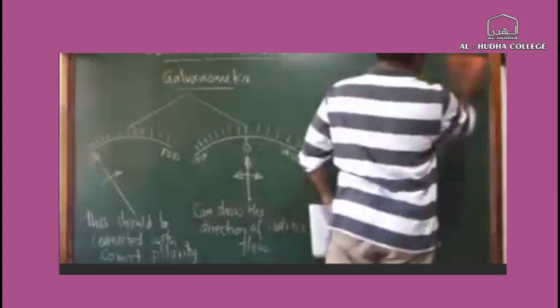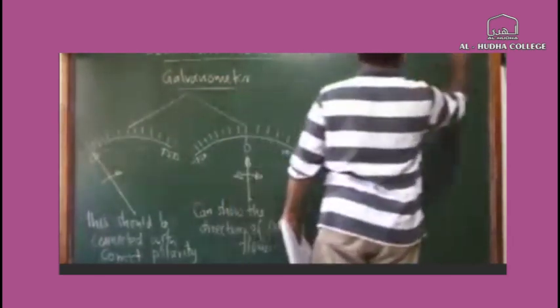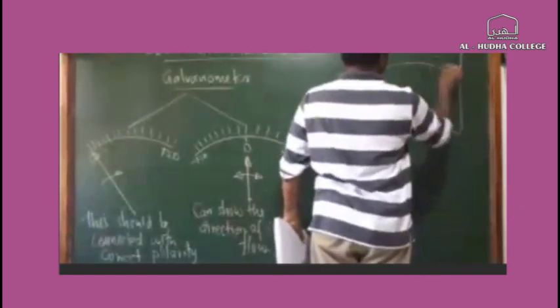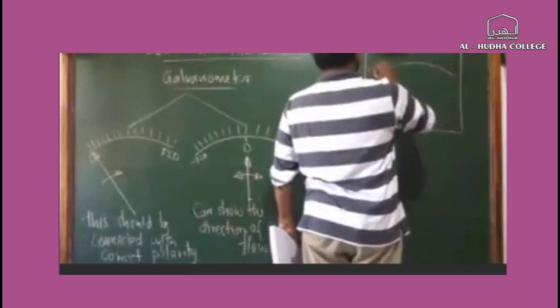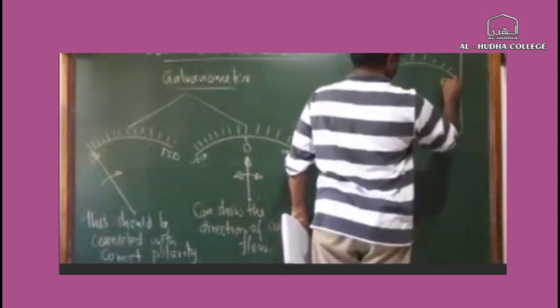The full scale deflection is the maximum current, right, a galvanometer can bear. So we'll assume a galvanometer like this. So we have a full scale deflection.